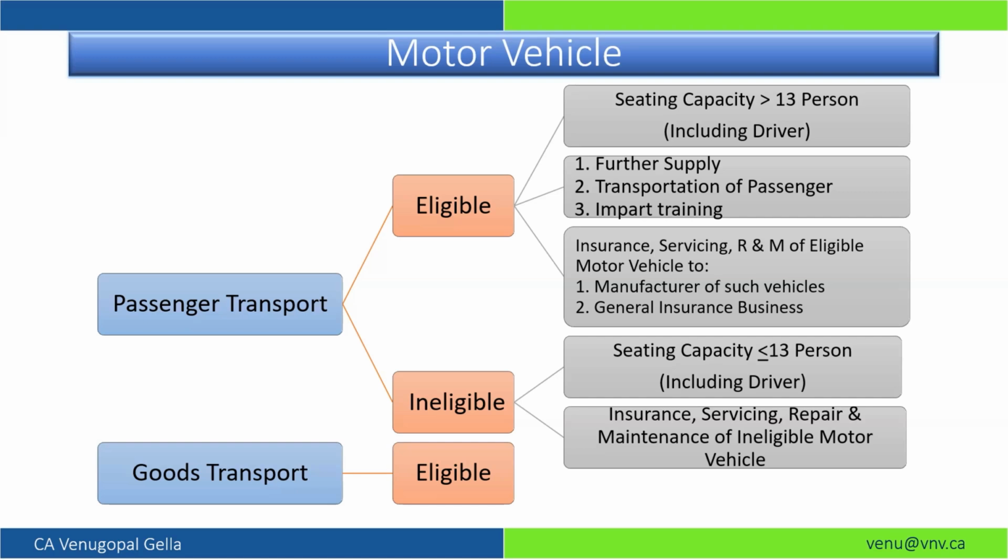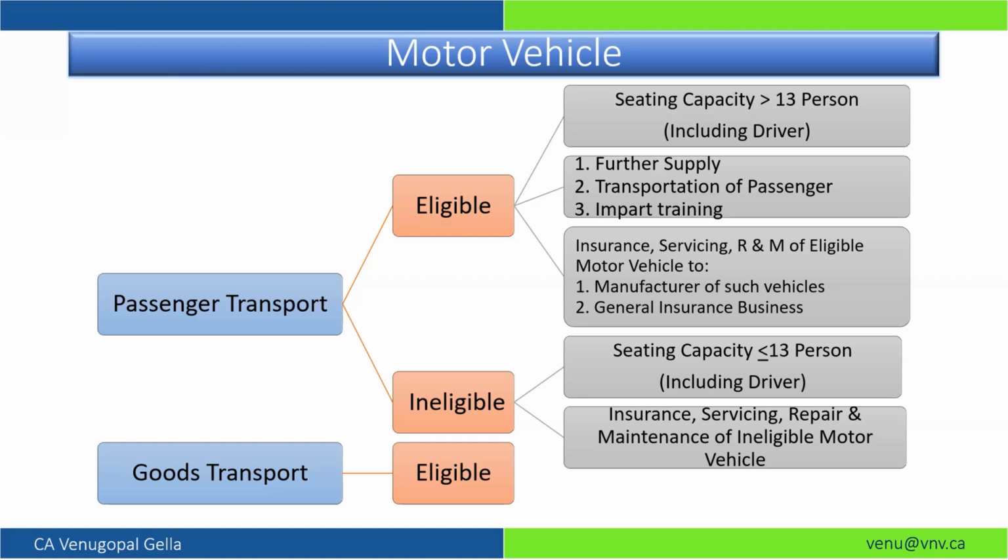For passenger transport also, eligibility has been given by way of certain exceptions. They are saying that on a passenger transport vehicle, ITC will be allowed if it has a seating capacity of more than 13. Then you can claim ITC. Where you have procured the motor vehicle for the purpose of further supply, meaning trading, where you purchase and sell the vehicle, then also ITC is allowed.